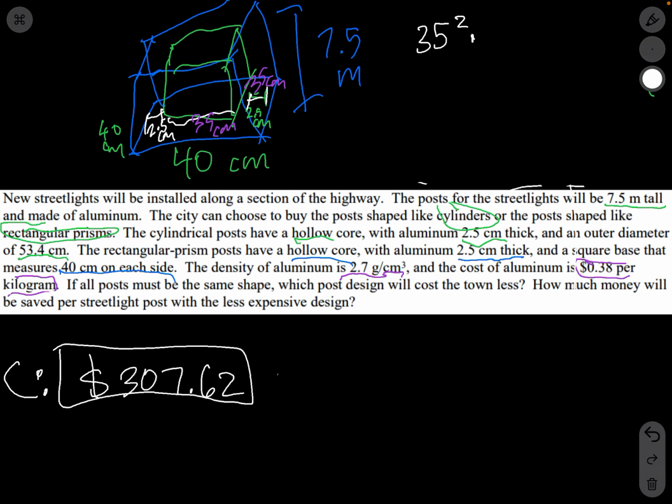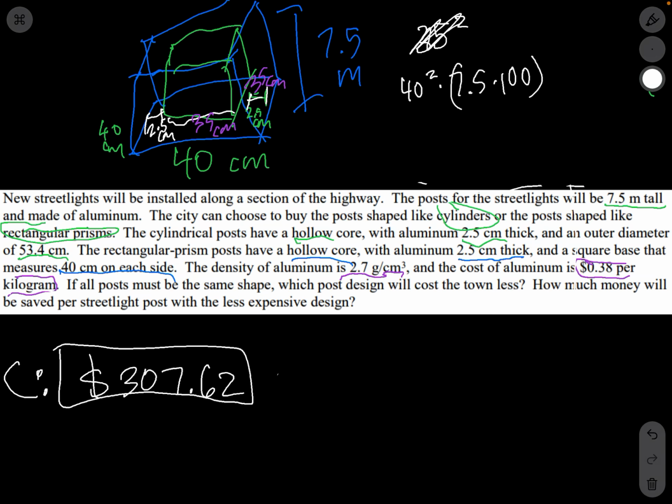Actually, let's find the volume of the whole rectangular prism first. We can do 40 squared, because 40 times 40 is 40 squared, times 7.5 times 100. That's converting meters to centimeters so that we have a common unit of centimeters.